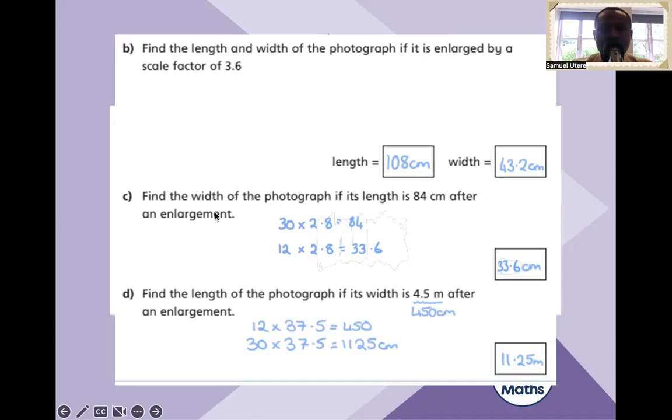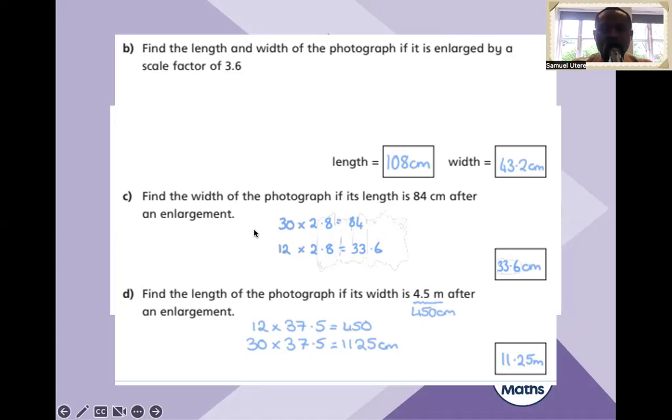It's the same if we're asked to find the width of the photograph if its length is 84 centimeters after an enlargement. To find the scale factor by which we have enlarged it, we could have done 84 divided by 30 to find that special number, which is 2.8.